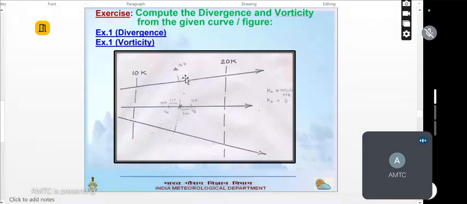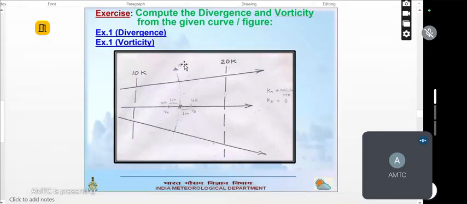This is anti-clockwise, and it shows divergence. Always remember, if you go to the left, it will show divergence. Please remember this concept. These are confusing concepts sometimes, and it will confuse with the other concepts.